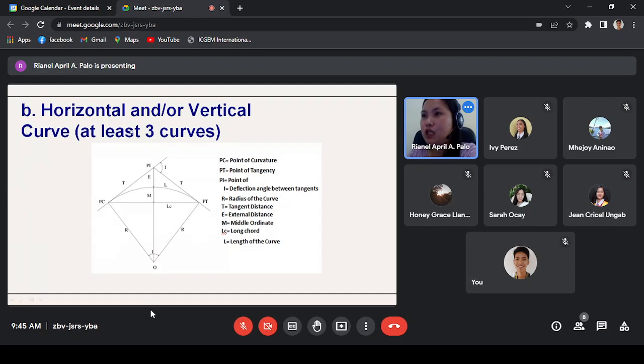So, for each group, you need to design at least 3 curves, horizontal or vertical. Depende na ninyo. And remember na atong horizontal and vertical curve, dapat naa mga elements such as point of curvature, point of tangency, point of intersection, deflection angle, basis of the curve, tangent distance, external distance, and other elements. So, at least 3 curves.